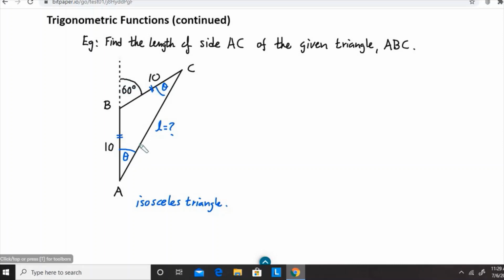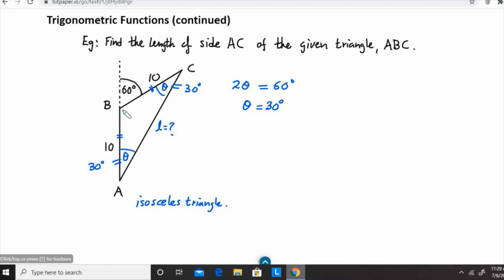So that means the sum of these two angles, which means 2 theta, is equal to the exterior angle 60 degrees, and from there we can find theta is equal to 30 degrees. So this angle is 30 degrees and this angle, that's also 30 degrees. Now the objective is to find this length AC.